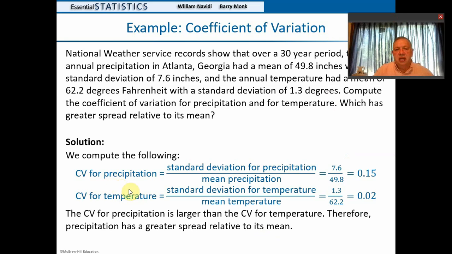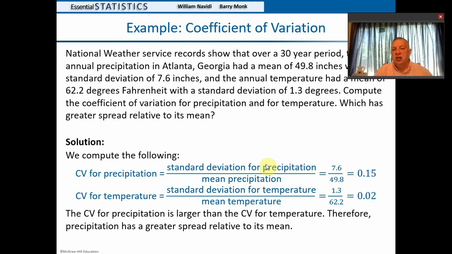So for precipitation, the standard deviation was 7.6 and the mean precipitation was 49.8. So this is now unitless. It's like dividing inches by inches. That would be just a pure number, 0.15. And for the temperature, the standard deviation divided by the mean temperature, 1.3 degrees divided by 62.2 degrees. The degrees divide out, and that's a pure number, 0.02.